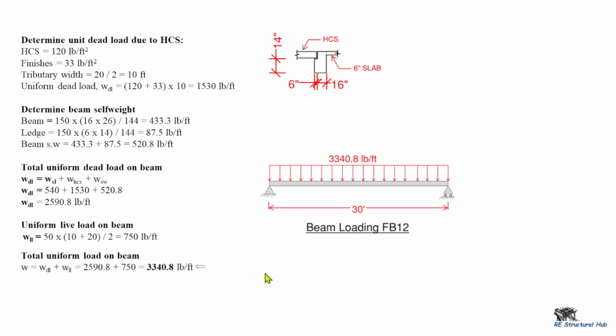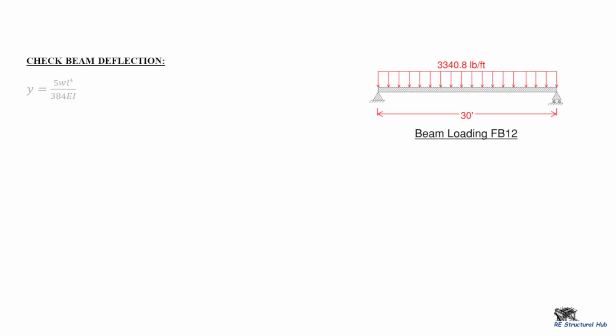The next one is to calculate the maximum deflection of the beam. This is the free body diagram of our beam, a simply supported beam with a span of 30 feet, and we have this loading, dead load plus live load. The formula for maximum deflection is 5 times the W load times L to the power of 4, all over 384 EI.